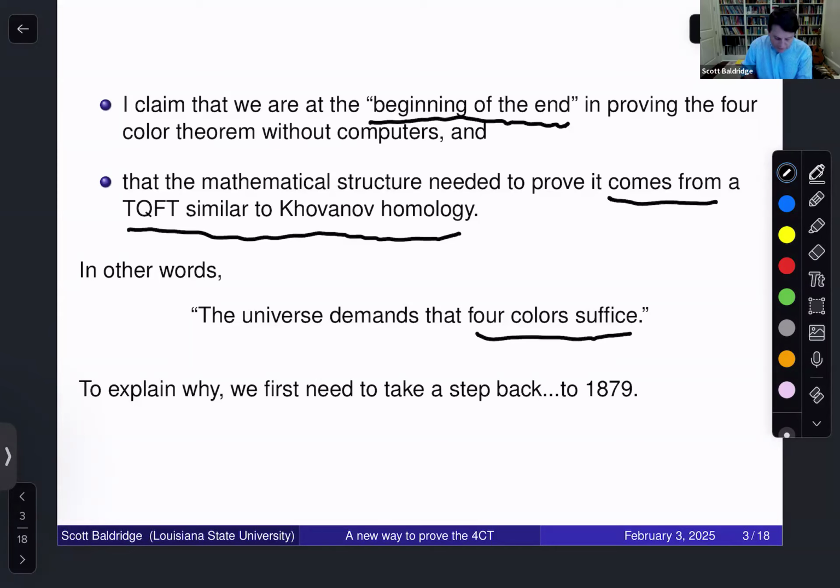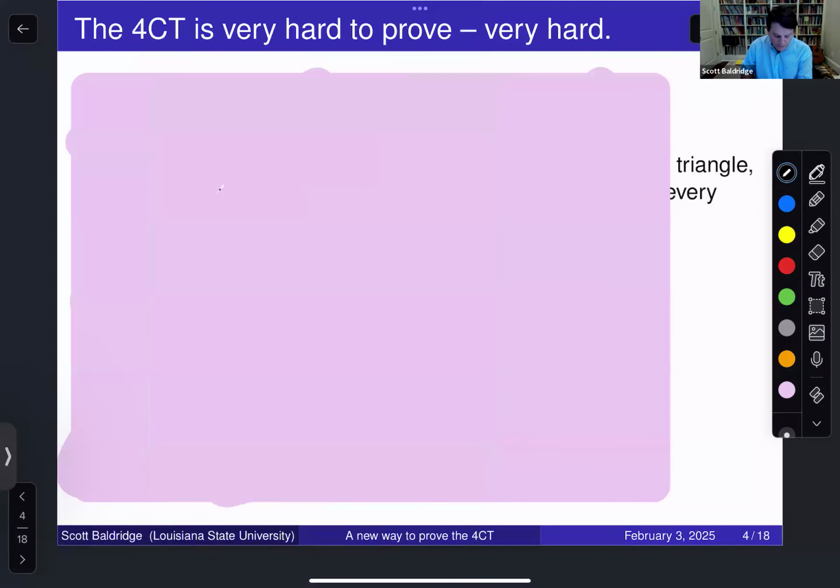To explain why we need this, we need to take a step back to a while ago, before all of us were born. The four-color theorem is very hard to prove. I run into 2 pitfalls in trying to explain this to other mathematicians. One is that you haven't generated 100 wrong proofs of the four-color theorem yet to know how hard it is.